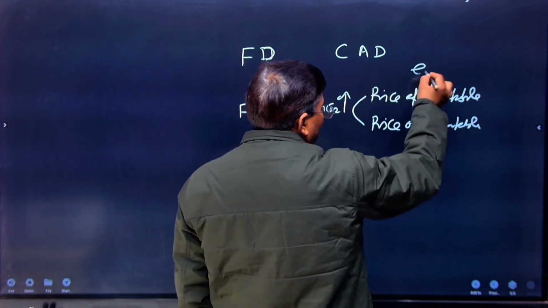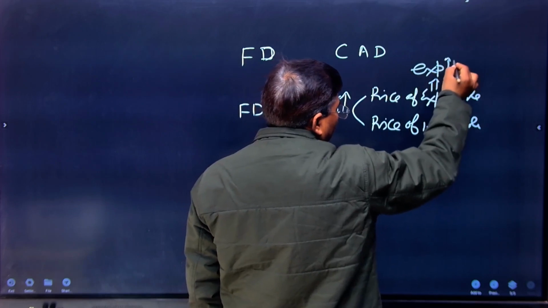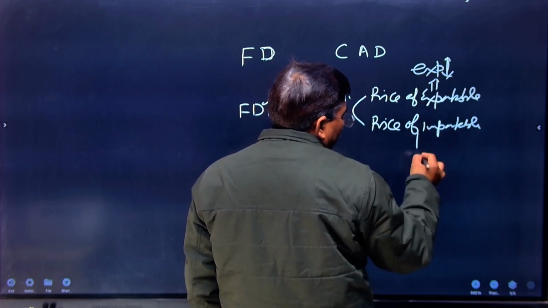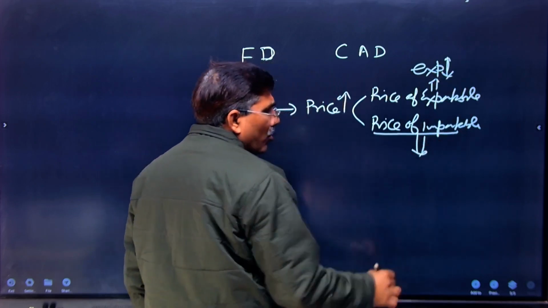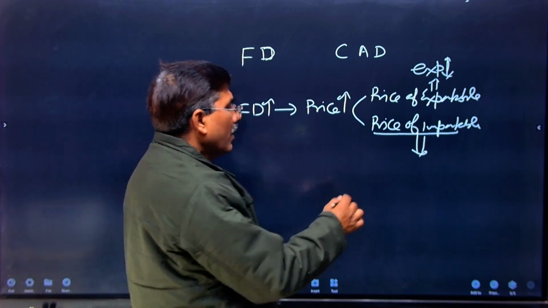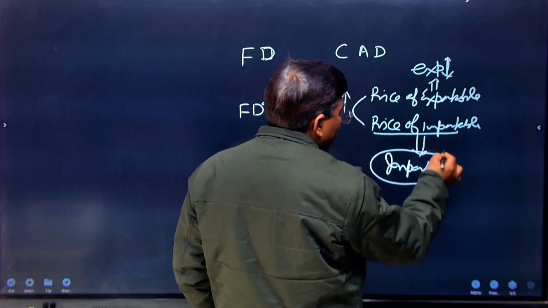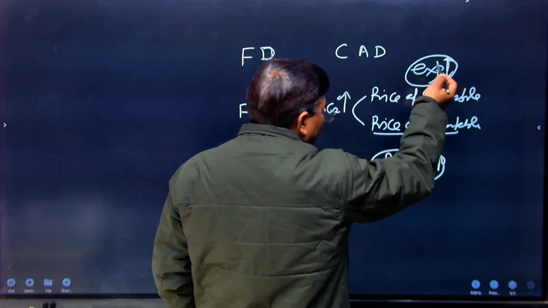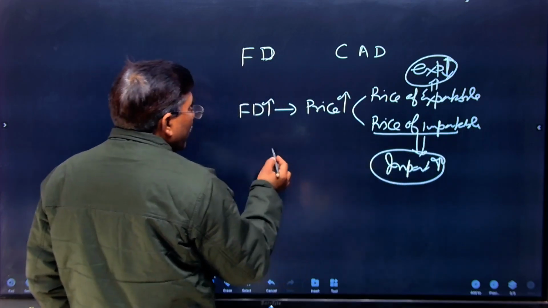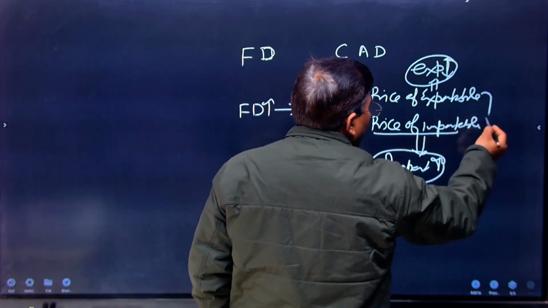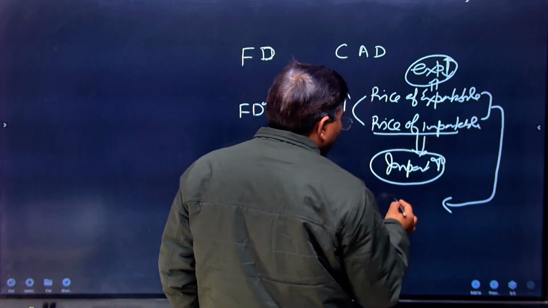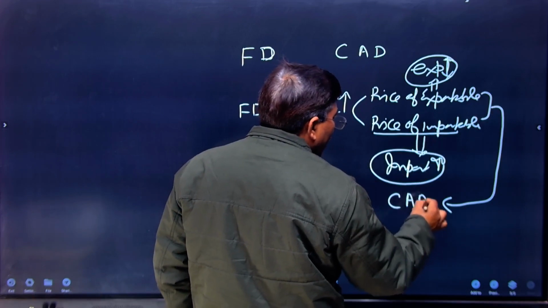Equally, due to the increasing price of importables, what happened? Our import will increase. Now you can see decreasing export, increasing import, what will it do? It will increase the current account deficit.